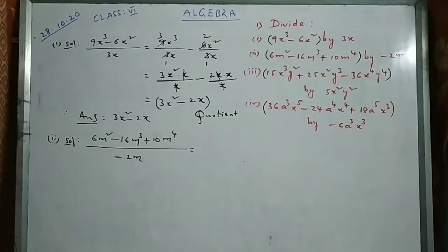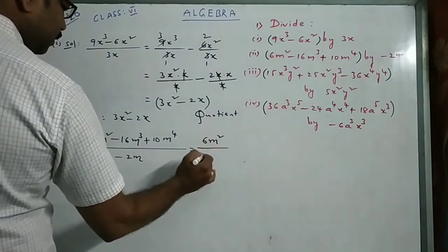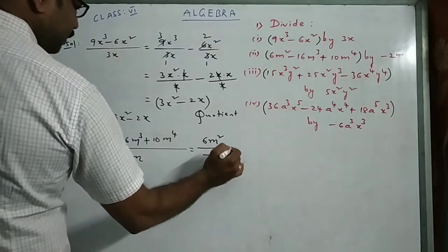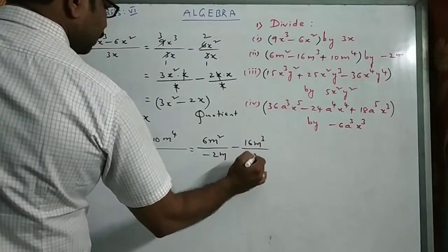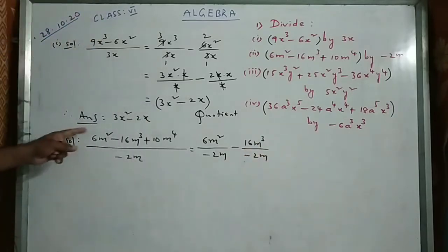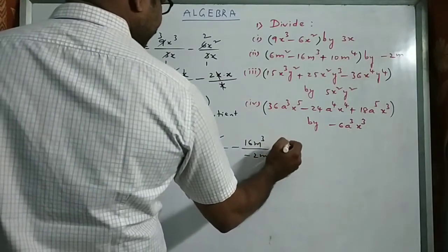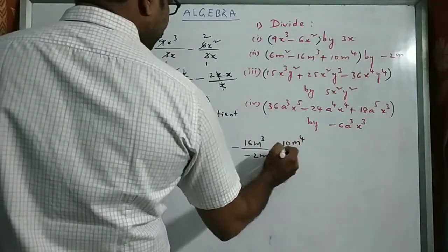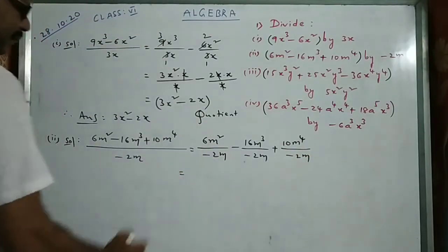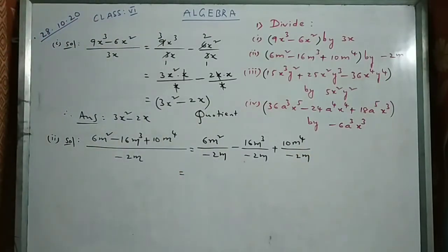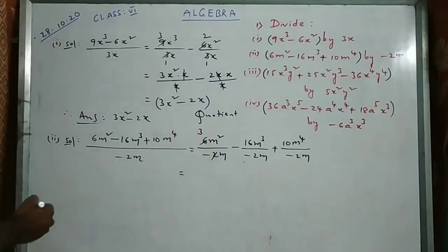So how do we express this? 6m square upon minus 2m, 16m cube upon minus 2m, splitting. For every term we have to split it, plus 10m power 4 by minus 2m. Clear? Splitting.